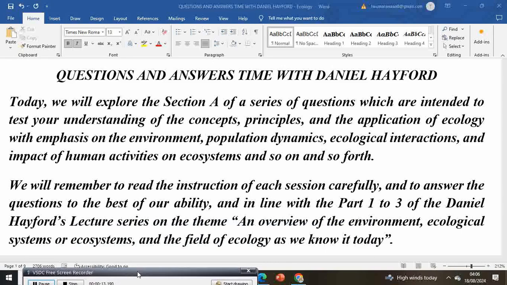Today, we will explore Section A of a series of questions which are intended to test your understanding of the concepts, principles, and application of ecology, with emphasis on the environment, population dynamics, ecological interactions, and the impact of human activities on ecosystems, and so on and so forth.